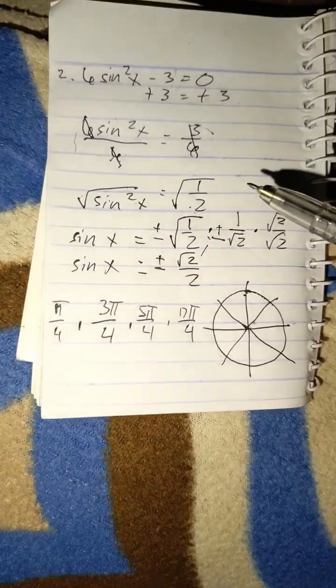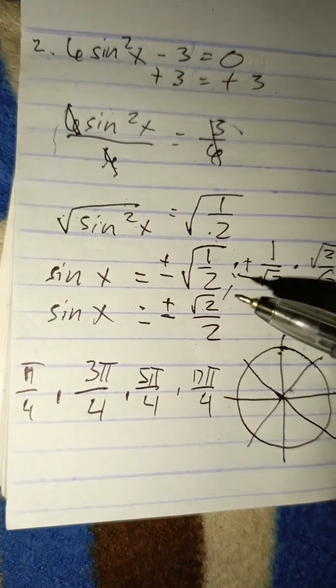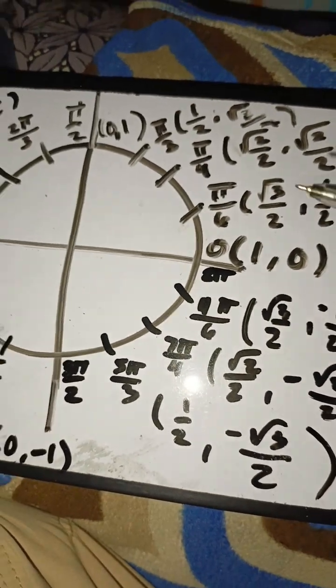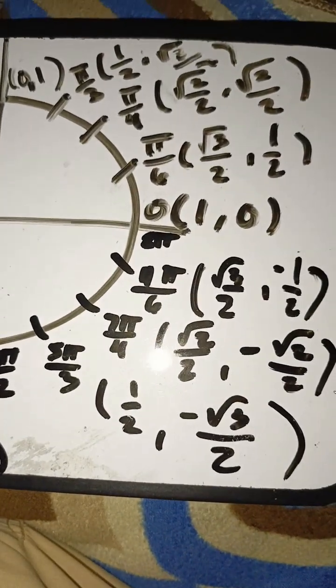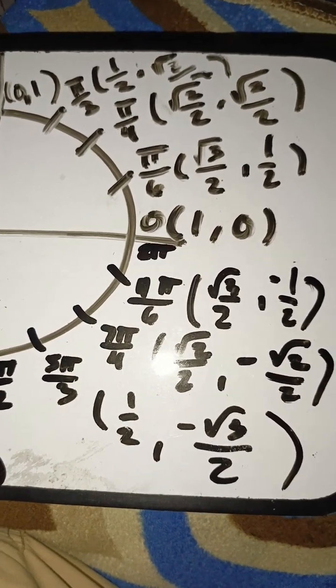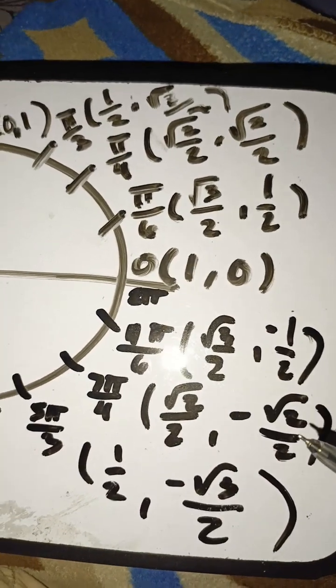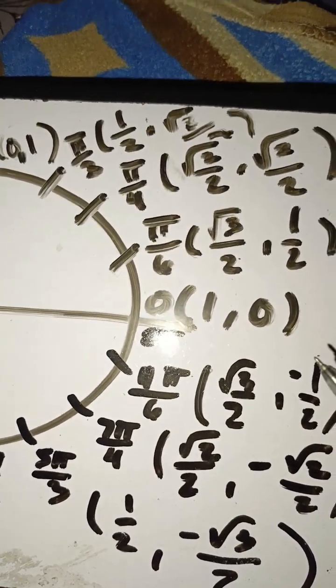Now, sine is the value of the y coordinate. Now, we're going to look at our table or the circle. Let's find where we can find sine square root of 2 over 2.